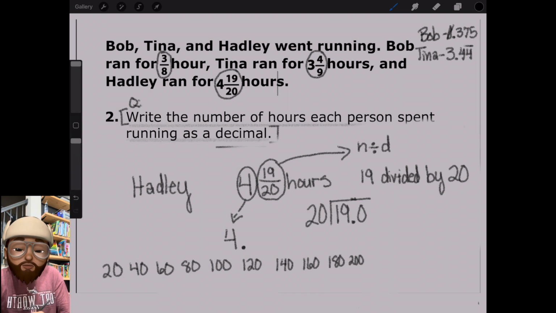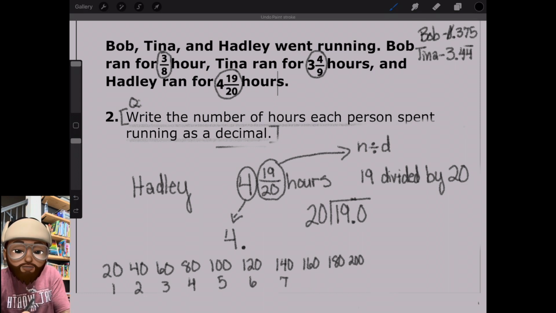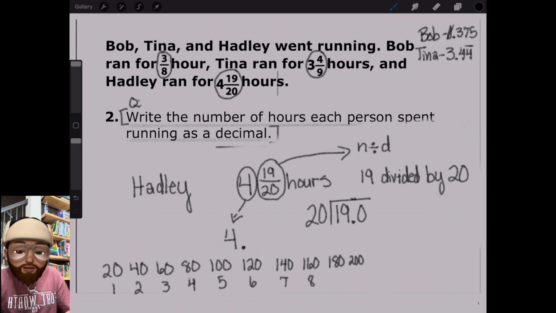So let's count how many that was. 1, 2, 3, 4, 5, 6, 7, 8, 9. So we can go in 9 times. With our decimal here, our first number that we write will be 9. 9 times 20 is 180. Now we're left with 10.